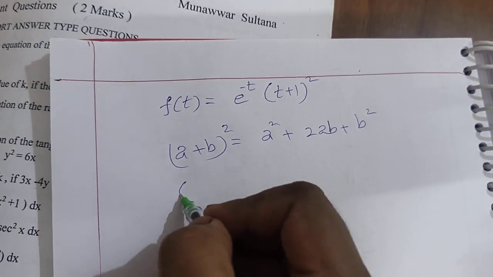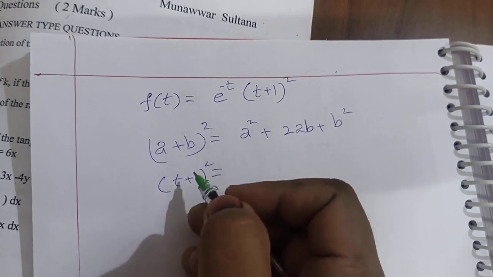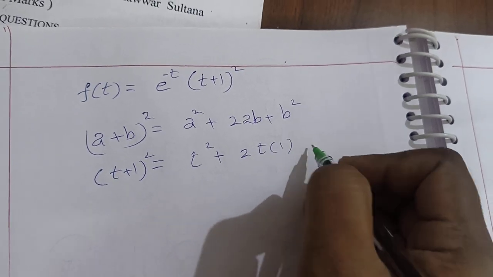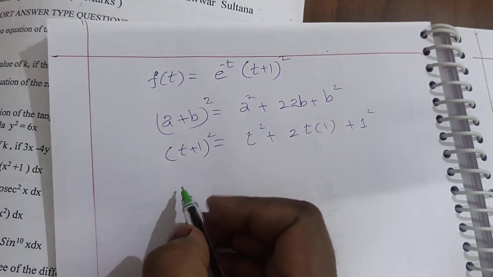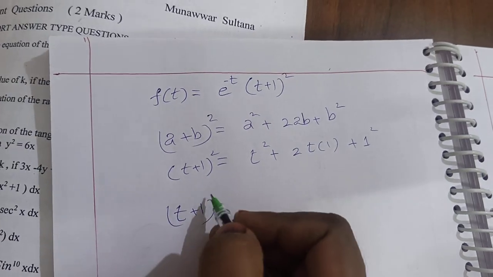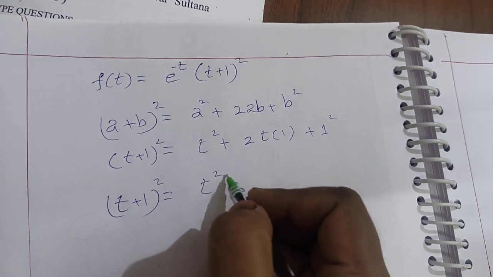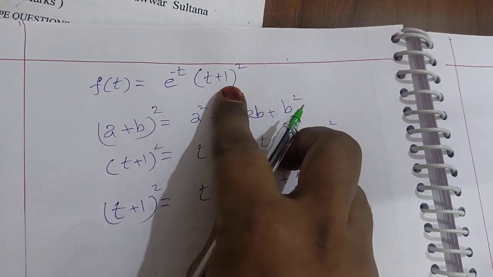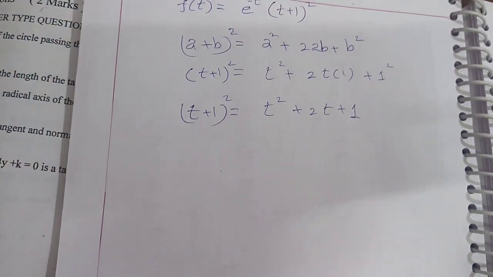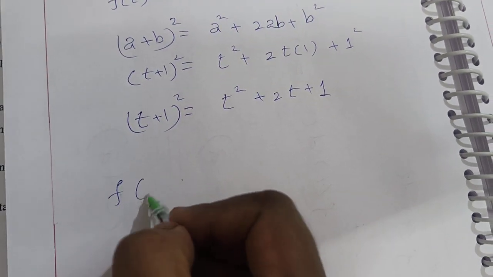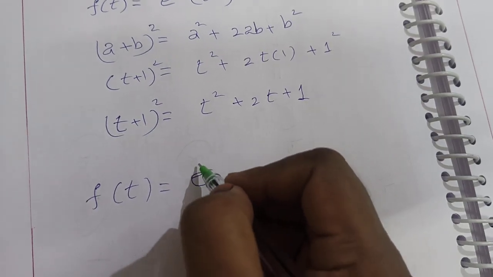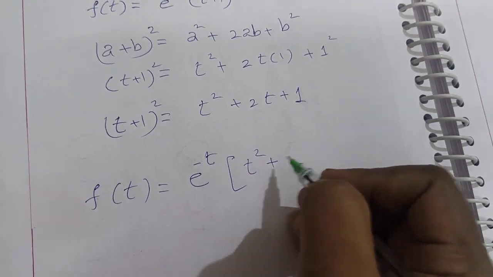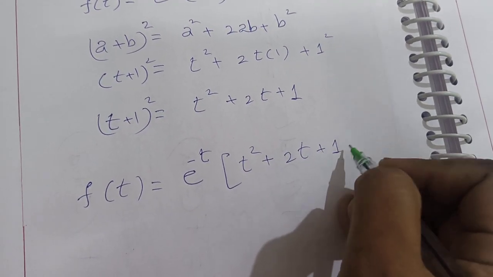So t plus 1 whole square, its expansion is t square plus 2t into 1 plus 1 square. So we can write t plus 1 whole square is equal to t square plus 2t plus 1. In place of this t plus 1 whole square, we will write this expansion: f of t is equal to e power of minus t into t square plus 2t plus 1.